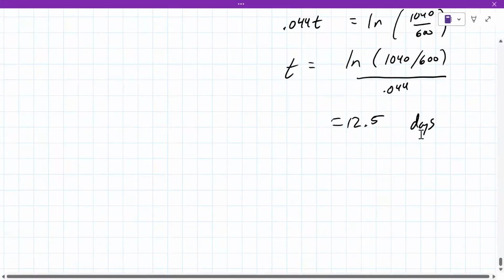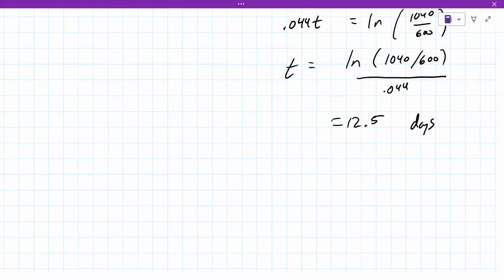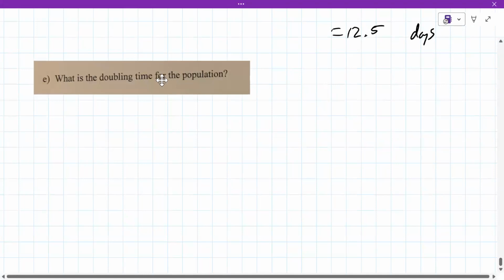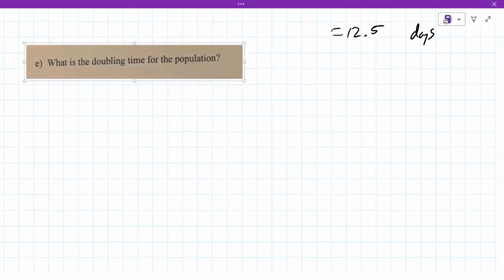Okay. What is the doubling time for the population? This is really a critical number in these types of problems. It's basically solving the same thing, except now you want to know when it's 1200 equals 600 e to the 0.044 t. There is a shortcut, a known formula for this, but you solve it the same way.